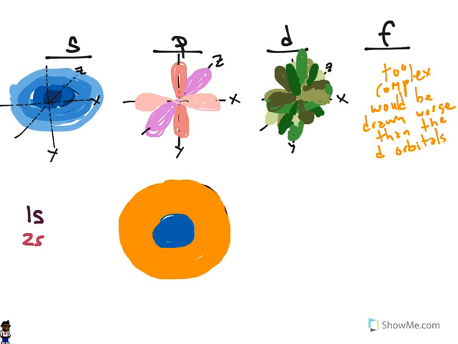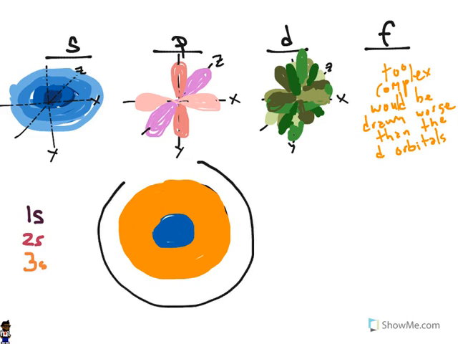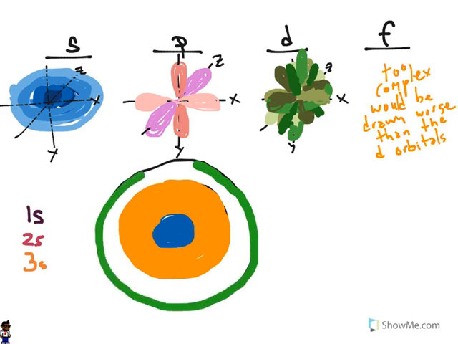And then after we fill the 2s orbital, we'd then fill in the 2p orbitals. But let's say, what if we were going to move on to the next energy level? Where would we find the 3s orbital? Well, since we have that 3 in front, it means we're an even farther distance away from the nucleus, and it's also spherical in shape. It encompasses the first energy level 1s orbital and the second energy level 2s orbital, and now we're talking about a much larger atom because there are electrons way out here.